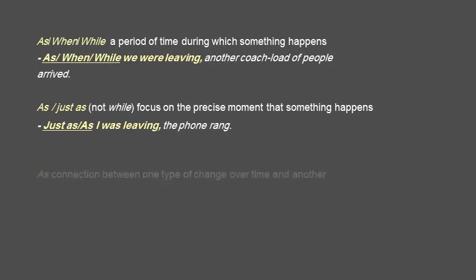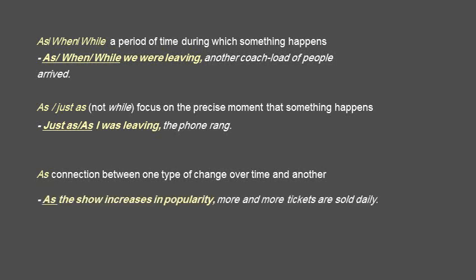We can also use as to show a connection between one type of change over time and another. In the following example, as the show increases in popularity, more and more tickets are sold daily. We have one type of change in the time clause, which is the increase in the show's popularity over time.